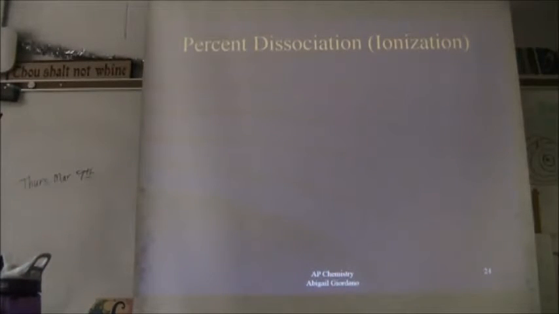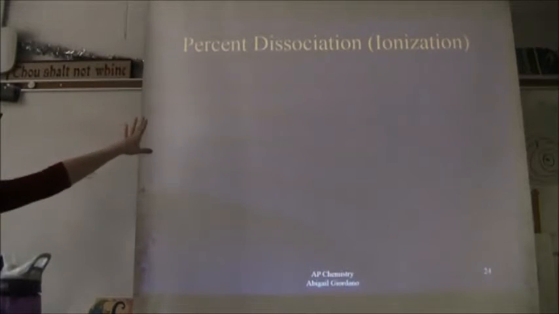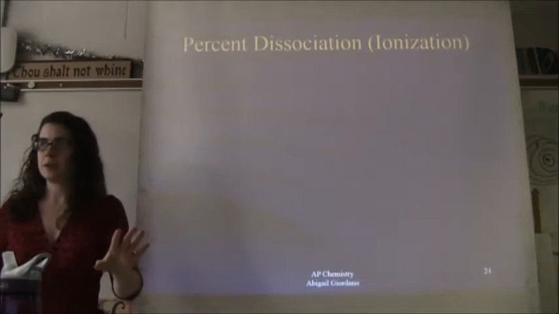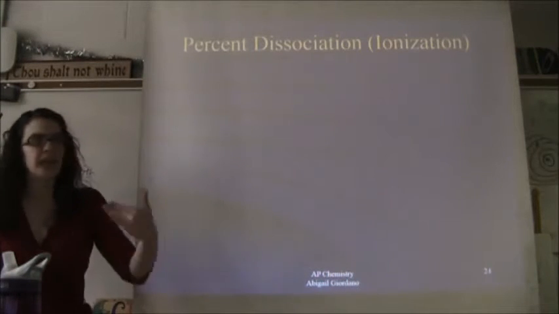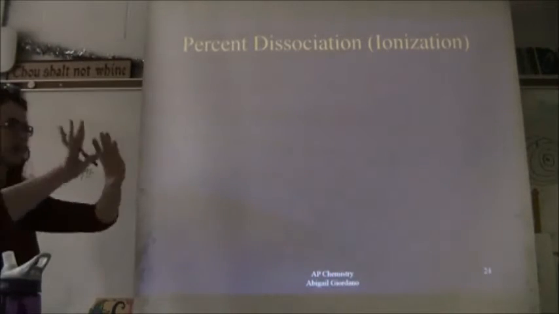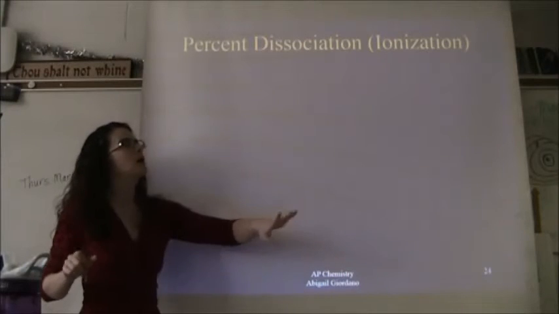Okay? And before I show you how that is calculated, guys, I want you to understand what that term even means. All right, let's take it from the perspective of an acid. Percent dissociation means what percentage of the acid sample splits apart, dissociates, dissolves, ionizes, however you want to say it.